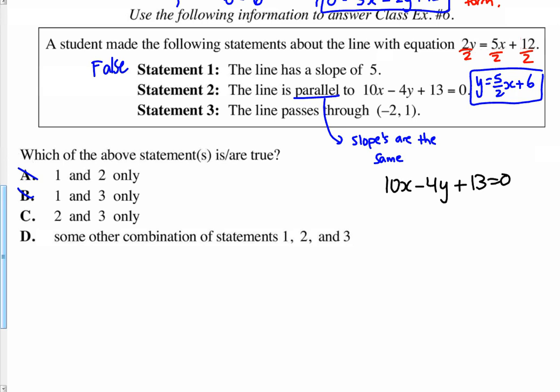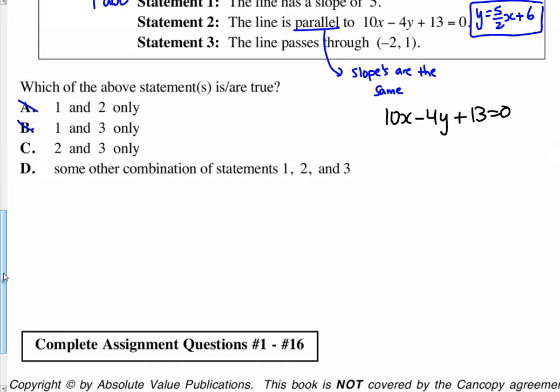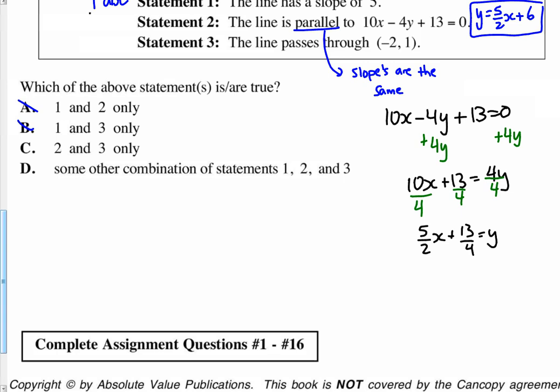To find out the slope, how do I get y by itself? Good. Add 4y to each side. 10x plus 13 equals 4y. Then what? Divide by 4. Are those slopes parallel? What is 10 over 4 reduced to? 5 over 2. Are they parallel? Yes, that's true.